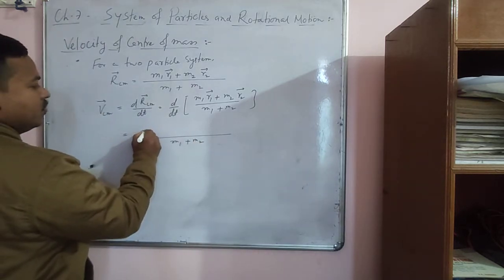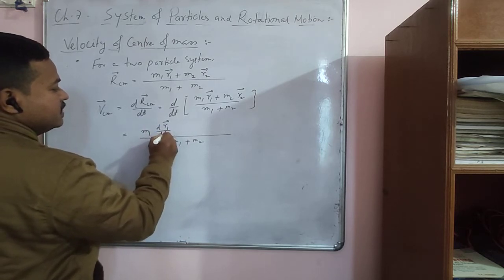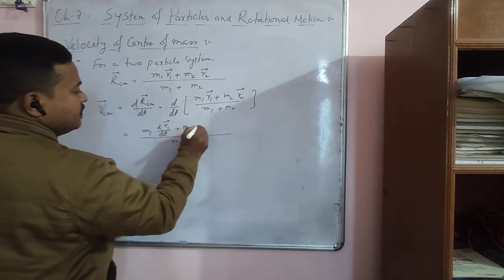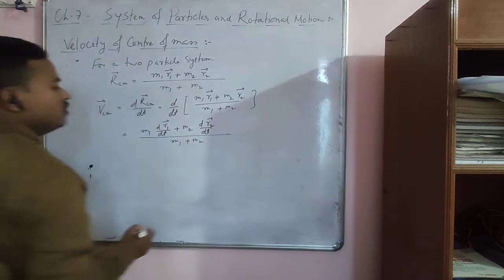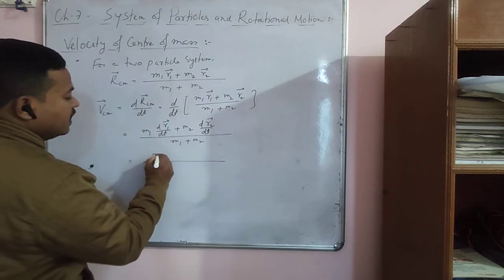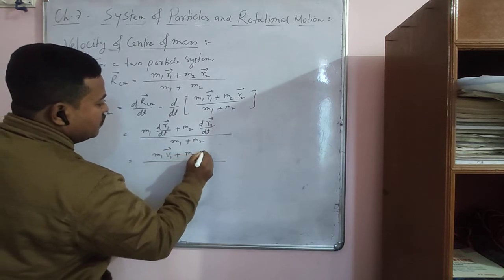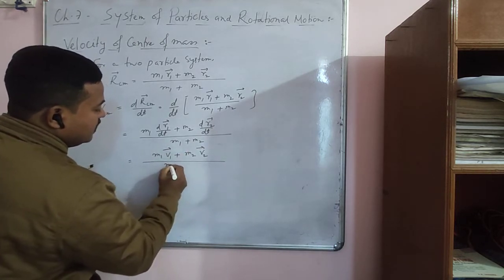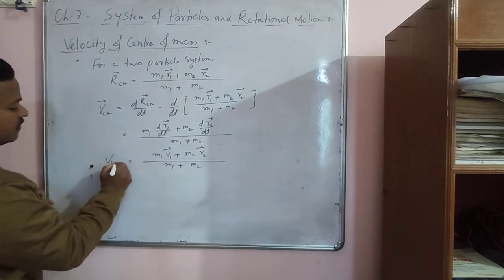Here M1 you can take common: dr1 by dt plus M2 dr2 by dt. We know dr by dt is nothing but velocity, so you can write M1 V1 plus M2 V2 divided by M1 plus M2. So this is the velocity of center of mass.